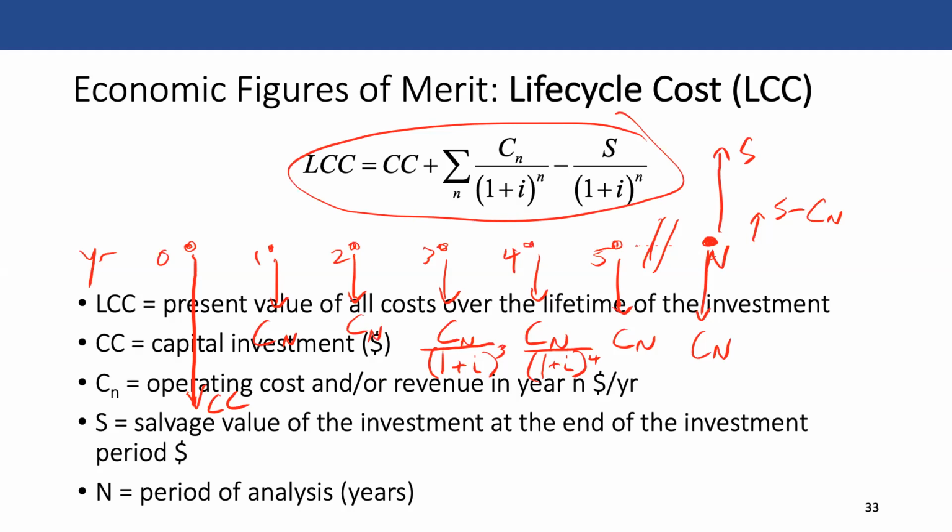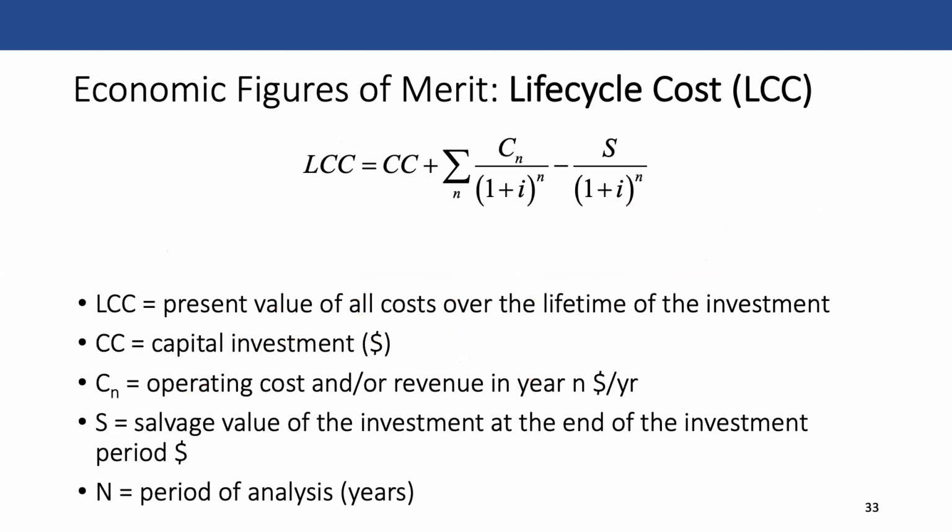Okay, I see another question. In the last example, if $200 is the CN, $100 is CC. Okay, CC and CN are different concepts. To take a more personal example, CC, capital cost, is like if you were to buy a car, like a Honda Civic that costs $20,000.